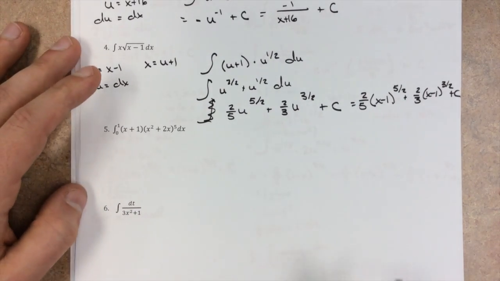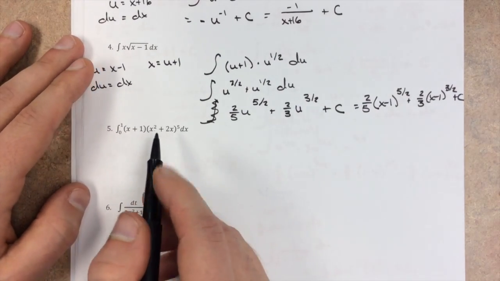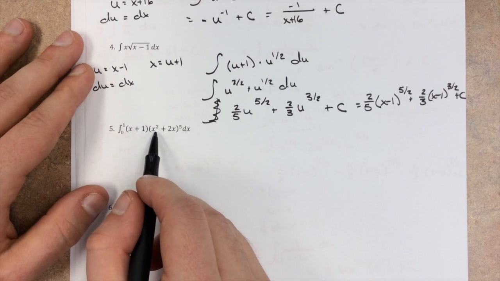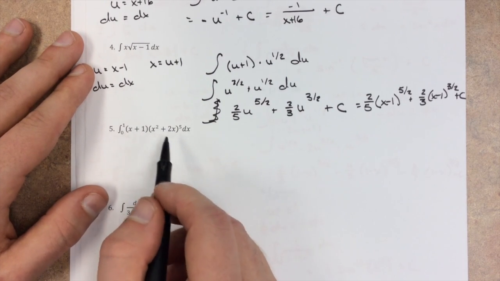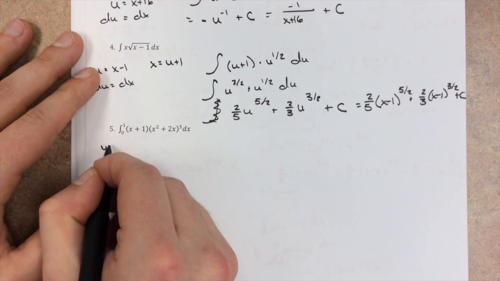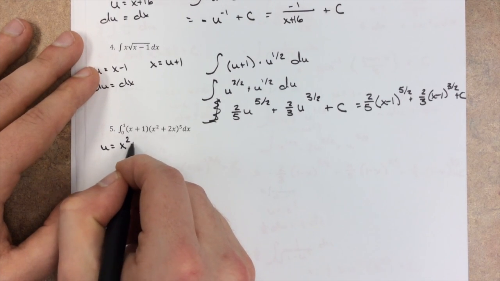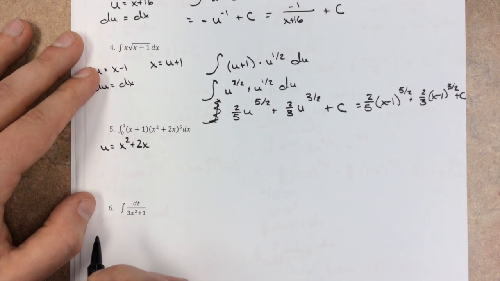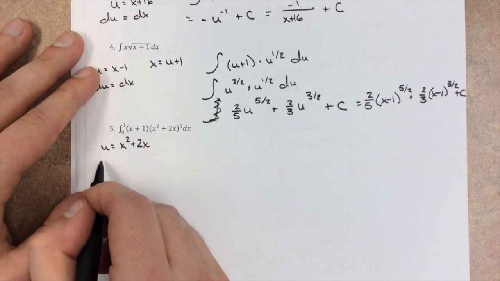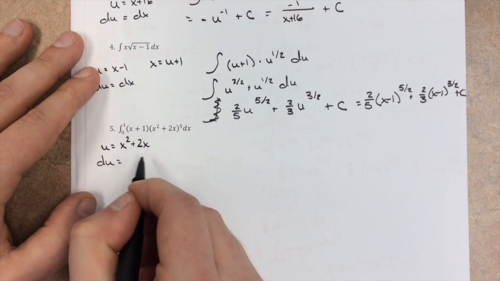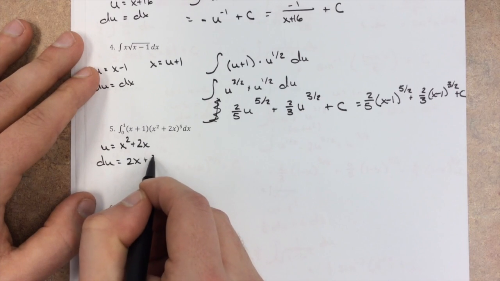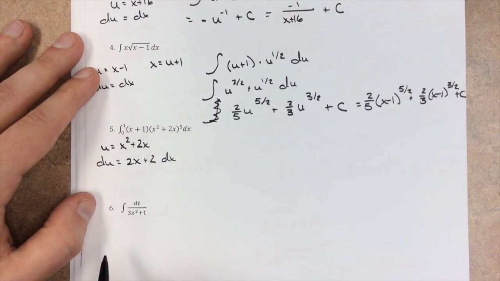Next up, here I see my nested function is x squared plus 2x. So I'm going to say u is x squared plus 2x. I'm going to take the derivative of that. So I get du equals 2x plus 2 dx.